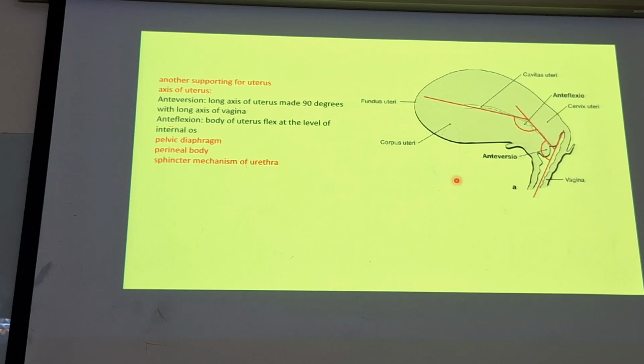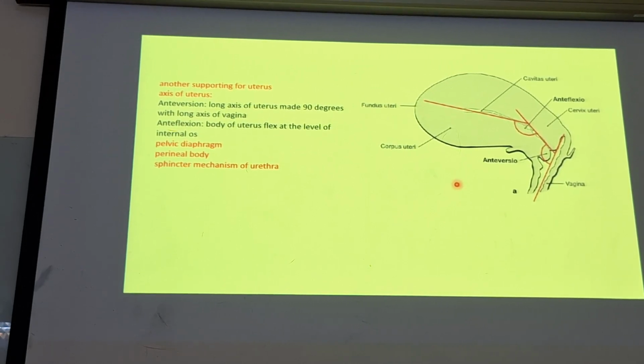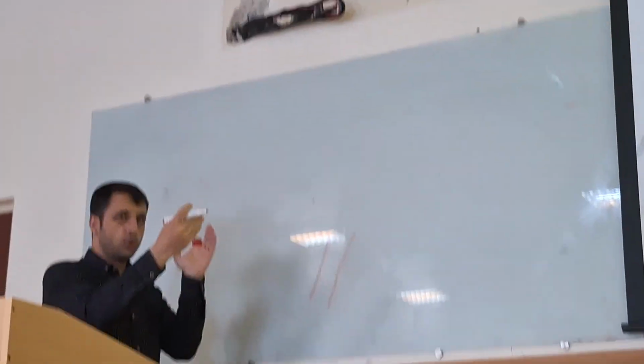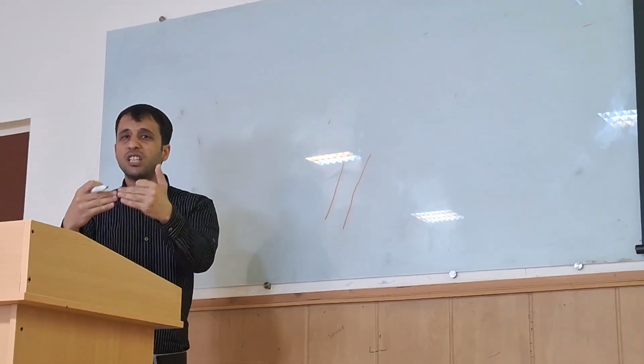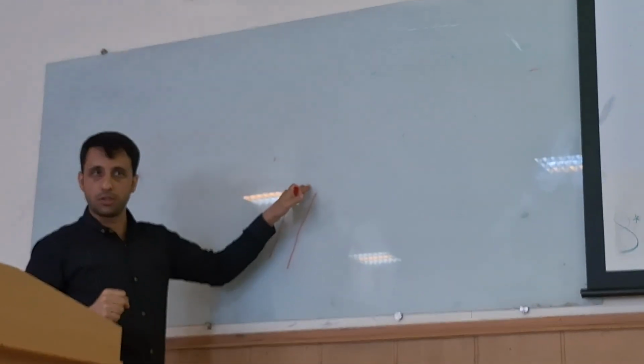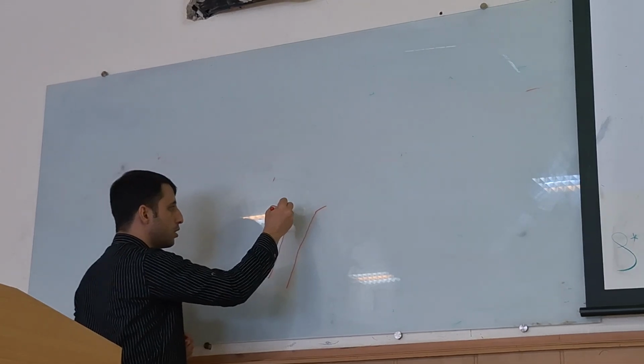As you know, the vagina, which I show in this area, is a fibromuscular tube which originates in the inferior part in the vulva and travels superiorly and posteriorly to arrive at the cervix of the uterus.